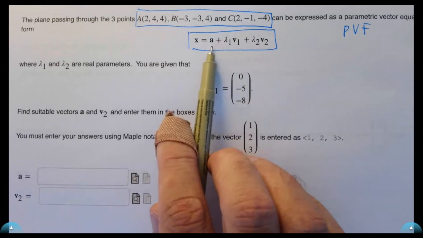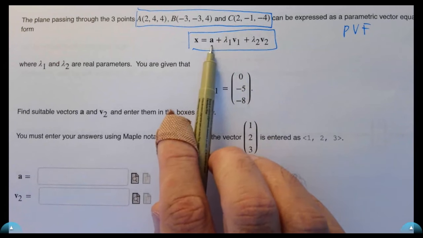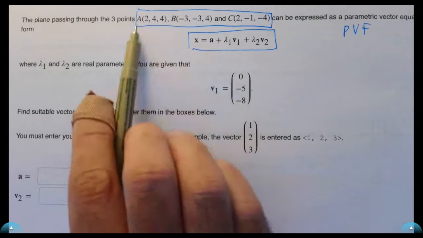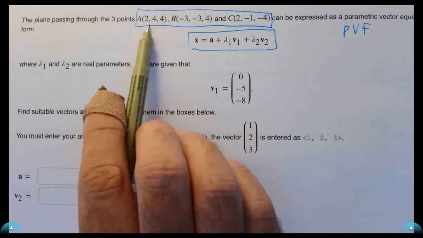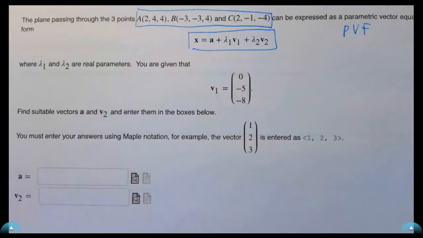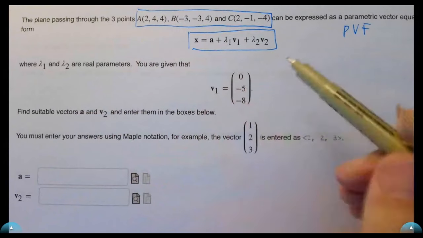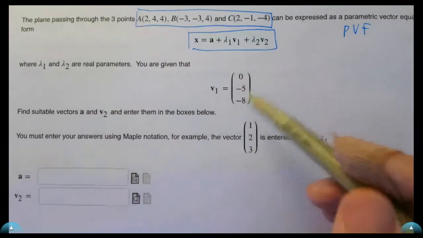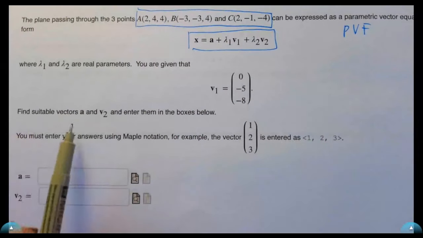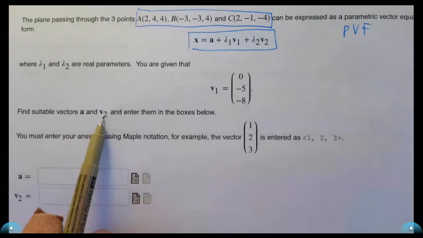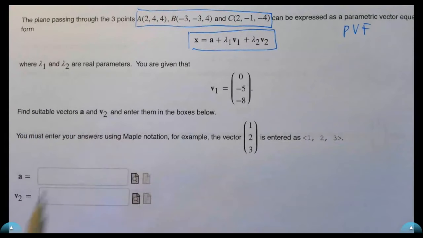The vector A is a position vector of any point on the plane. It could be the position vector of this point, for example. Okay, you're given that one of the parallel vectors is this. Find suitable vectors A and V2 and enter them in the boxes below.